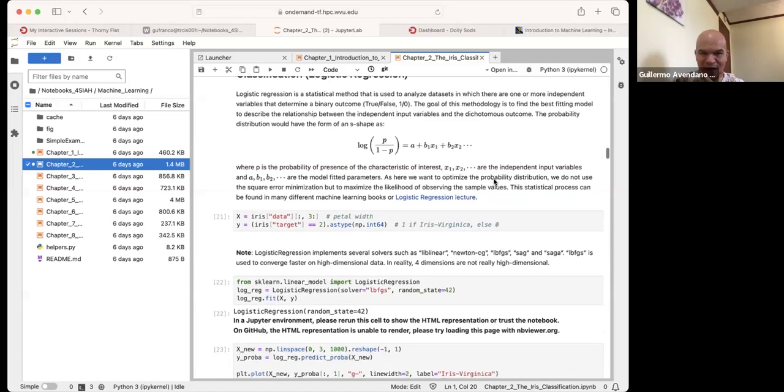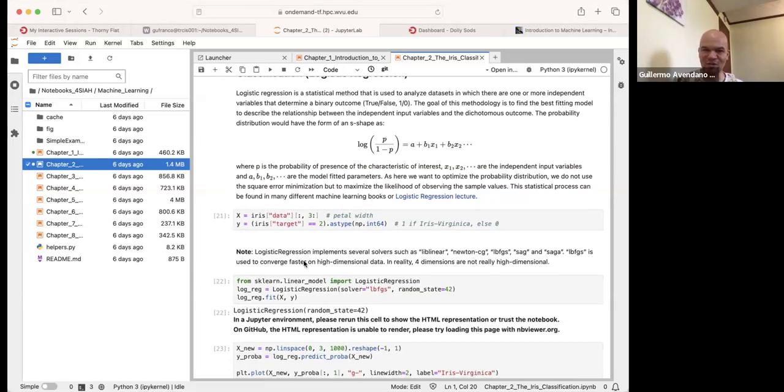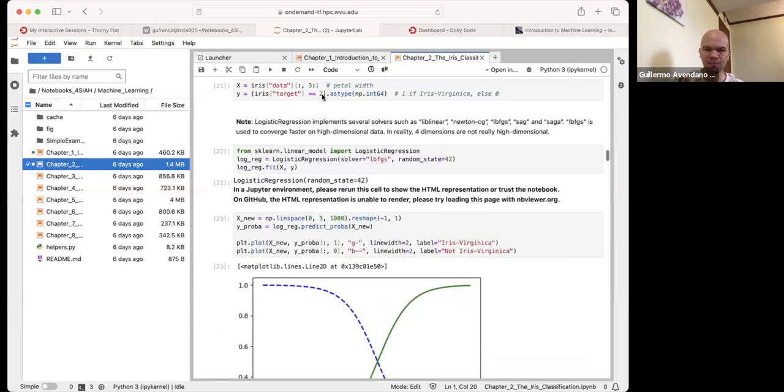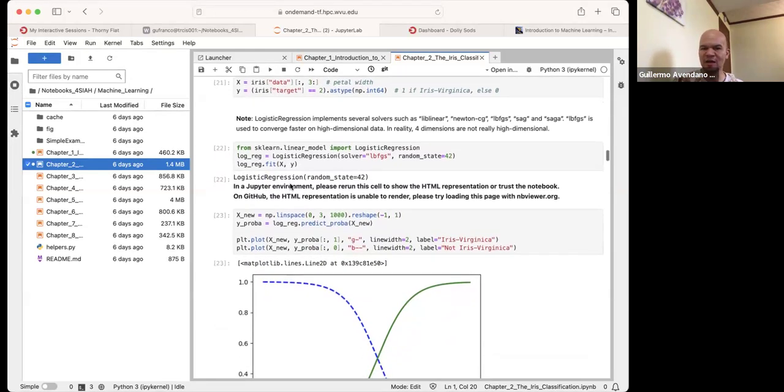So this is the mathematical function that we will be using here. We will be declaring that our X, so our domain, will be those elements here. In this case, we will just consider one. And we will be using the target.